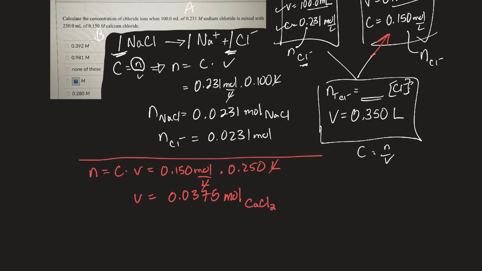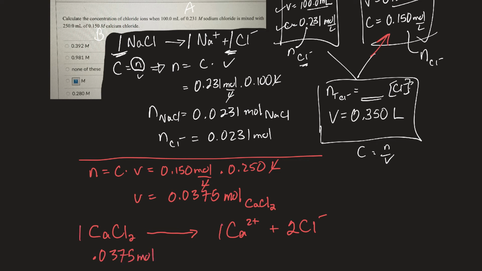Oh, so now I need to get the chloride part. So let's write the calcium chloride dissociation equation. It'll be calcium ions plus chloride ions. Since there's 2 chlorines, I'll put a 2 there. Oh, so this is the number of moles of the calcium chloride.